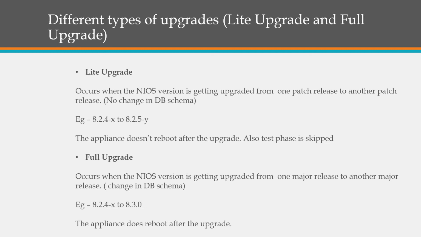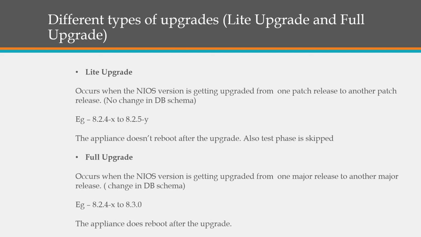Now I'll explain to you what are the different types of upgrades. So Infoblox supports two types of upgrades: the Lite upgrade and the full upgrade. Lite upgrade occurs when a NIOS version is getting upgraded from one patch release to another patch release. That means there won't be any change in the database schema. An example would be if I'm upgrading from 8.2.4-X to 8.2.5-Y.